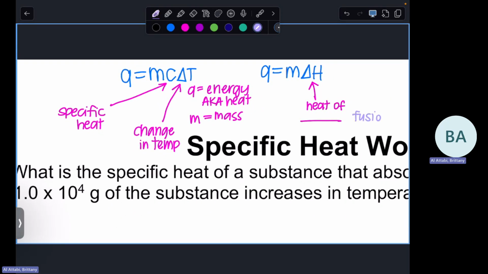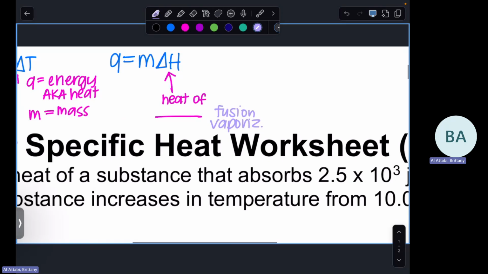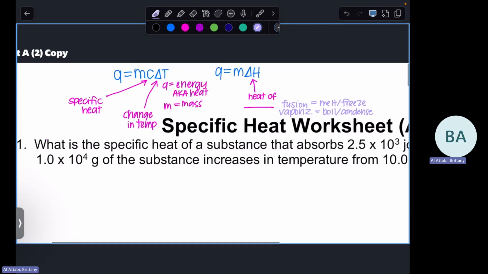It's either fusion or vaporization. If it's heat of fusion, this is when we're talking about melting or freezing. If it's vaporization, we're talking about boiling, evaporating or condensing. So we got two options. We pick according to what phase change it is.